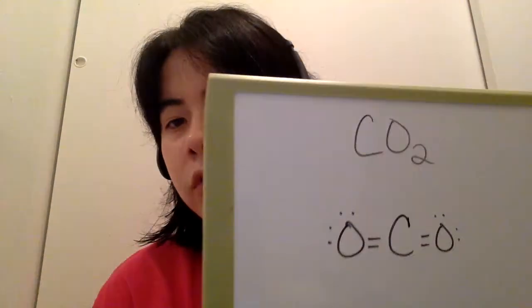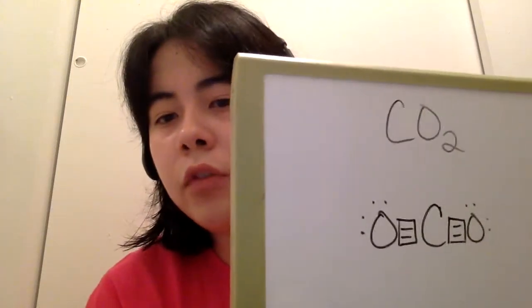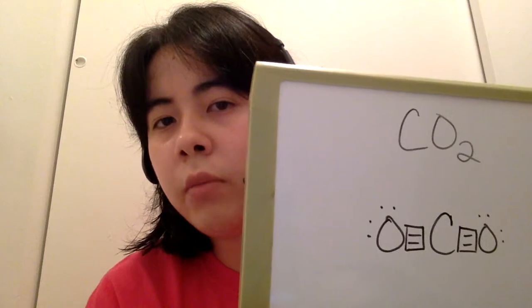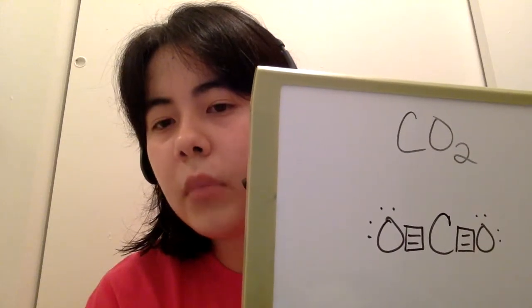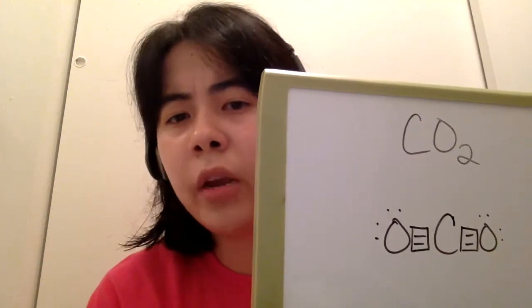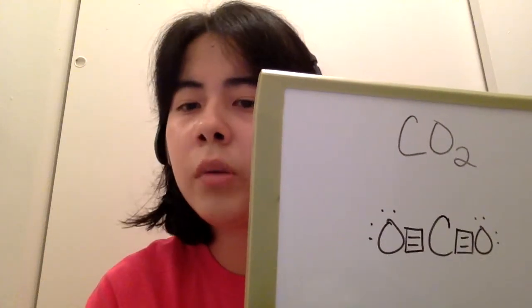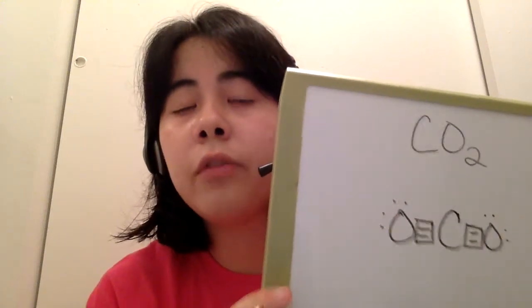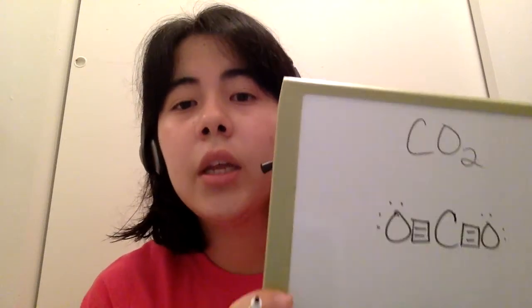If we go back to CO2 and look at the center, which is carbon, we only have 2 regions where we're going to have electrons, and that's right in between the oxygen. So we have double bonds. That's going to be what? 2 pairs of electrons, so 2 on one side, 2 on the other. 2 plus 2 is 4. Oh, so we have a total of 4 electron domains.